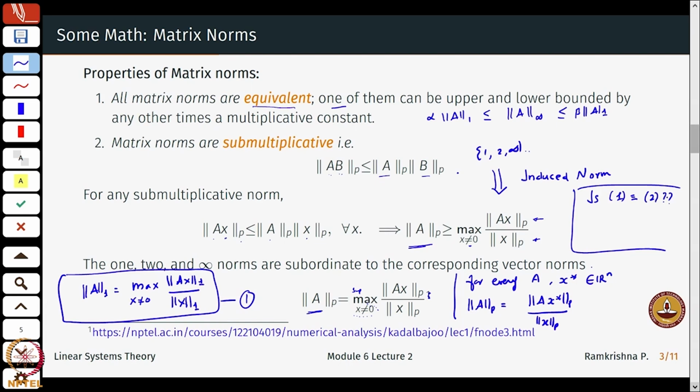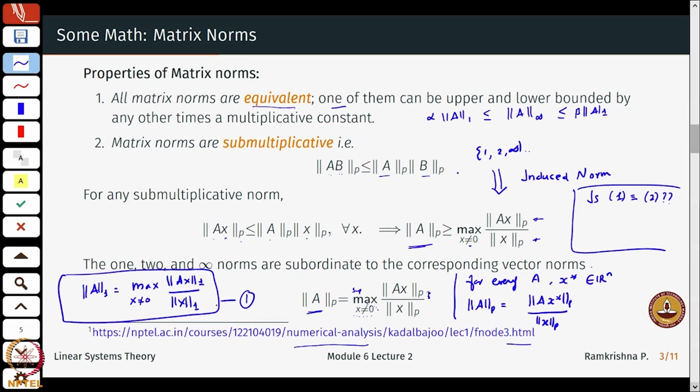Okay. The answer is yes. It is a little proof, not very complicated. So, I will skip the proof, but you can follow this link to another NPTEL lecture on numerical analysis. These notes will give you a very nice exposition of the proof.